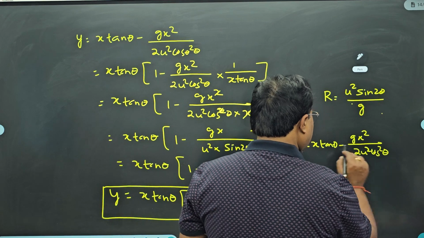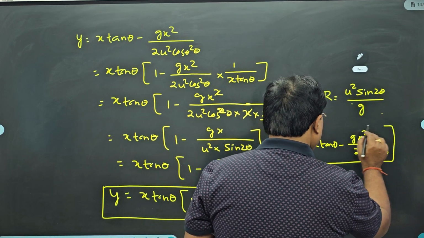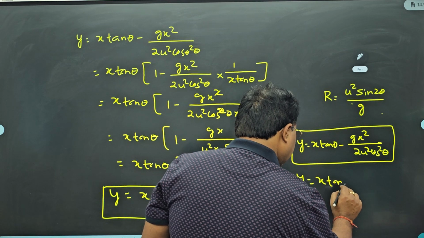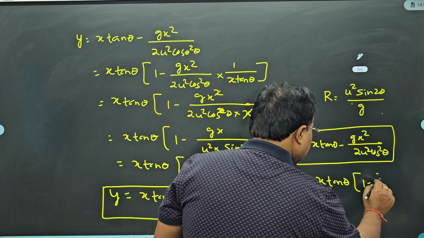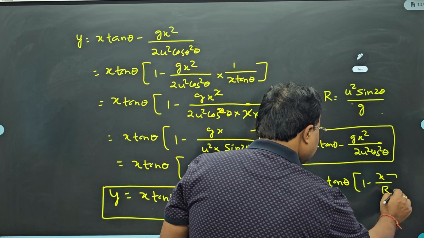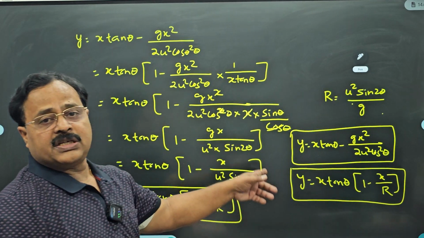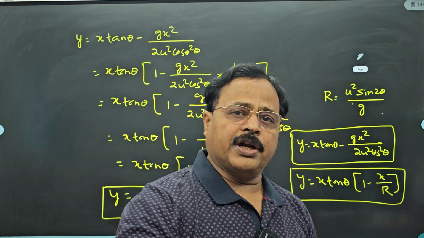Next, y is equal to x tan theta into 1 minus x by R. Here the equation is in terms of the range of projectile motion.